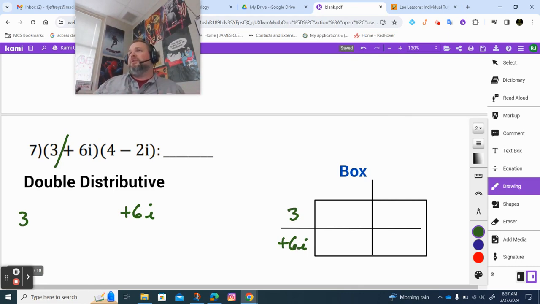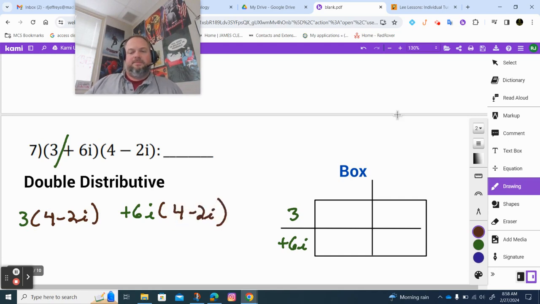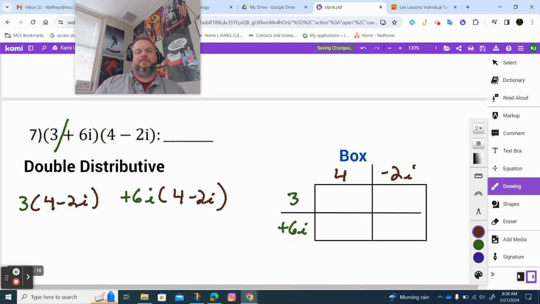If you have double distributive, or FOIL, you know how to do that, do that. All right. So 12, 6i plus 24i plus 12i squared.